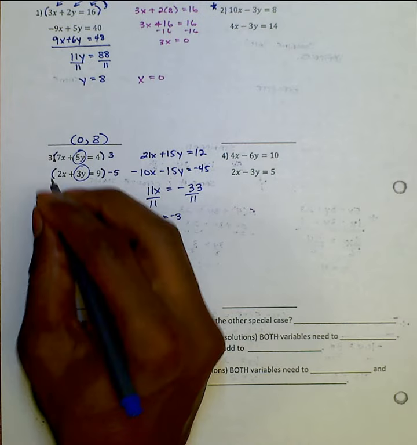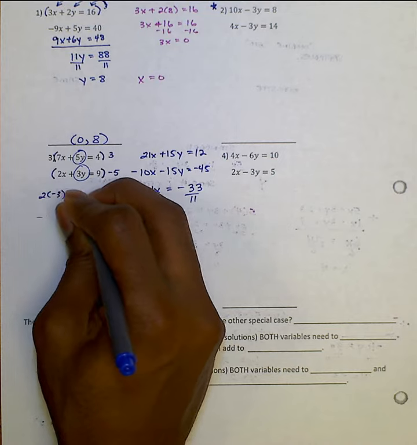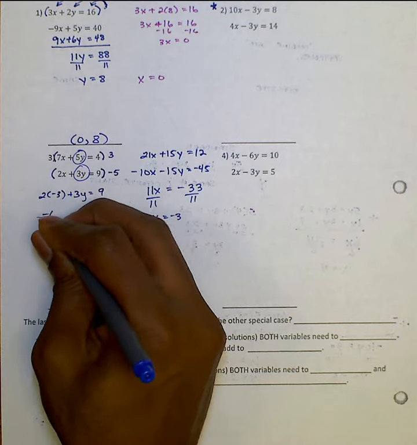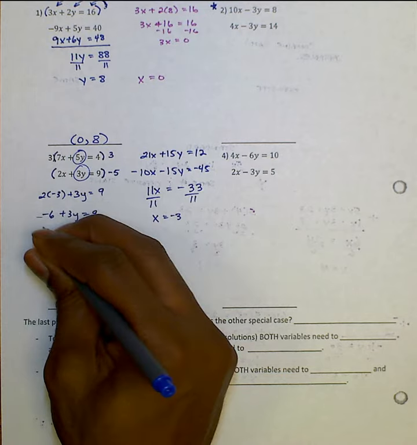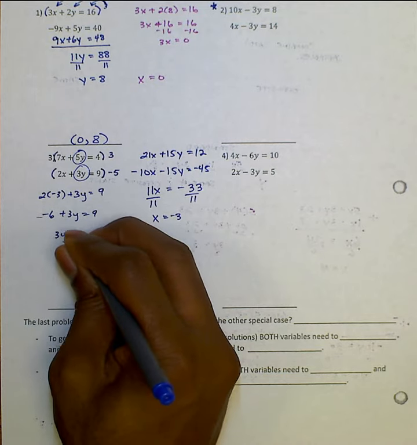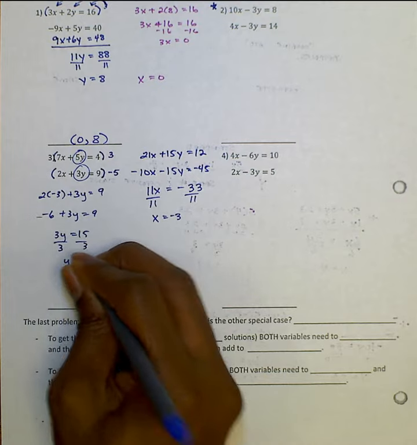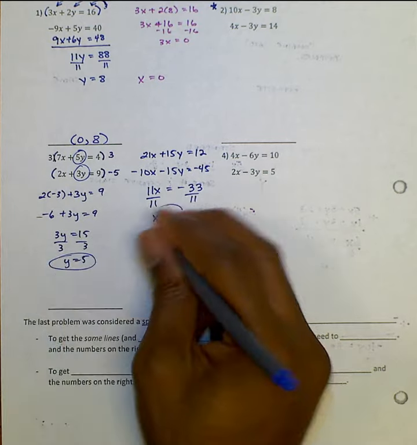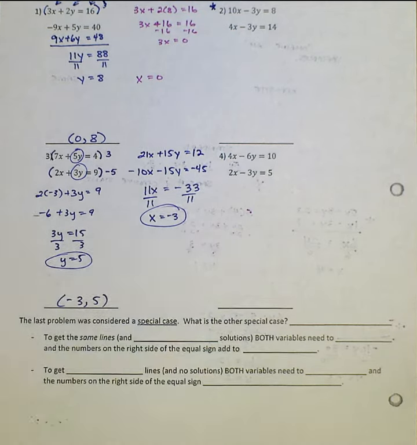I'll plug it into the bottom. 2 times -3 plus 3y equals 9. So that gives me -6 plus 3y equals 9. I'll add 6 to both sides, so 3y equals 15, and divide by 3, so y is 5. So I have my y value at 5, my x value is -3. I'll say -3, 5 as my solution.